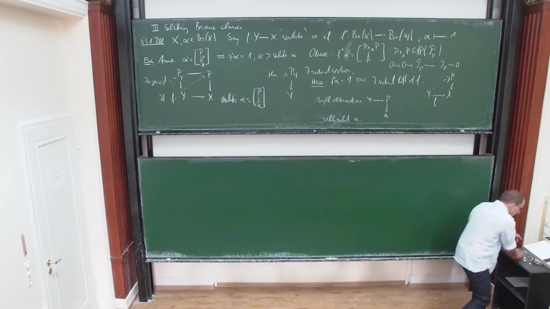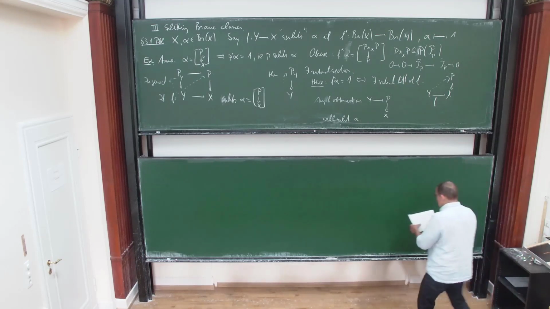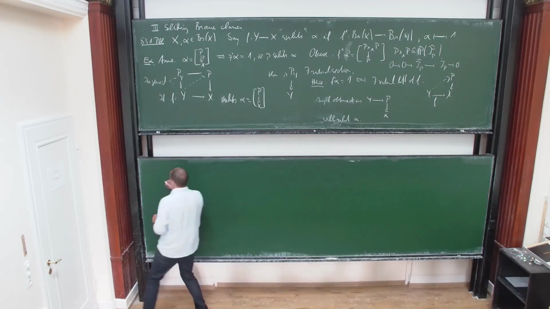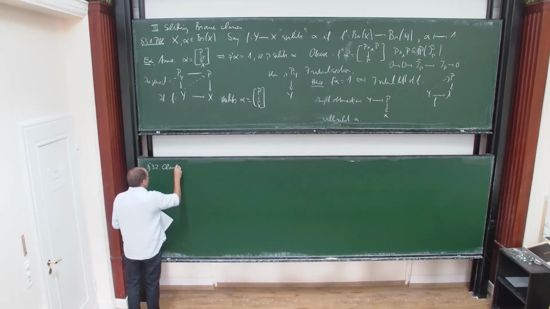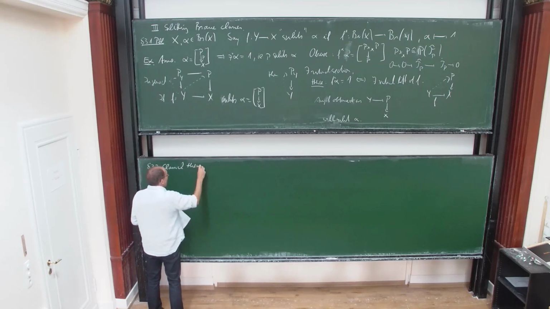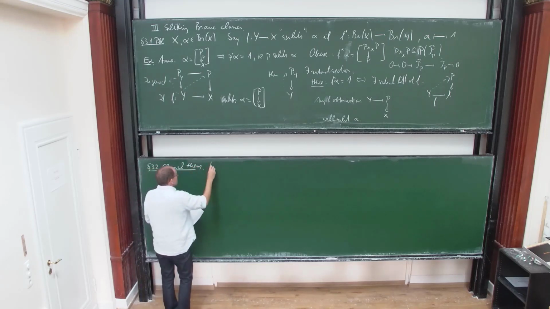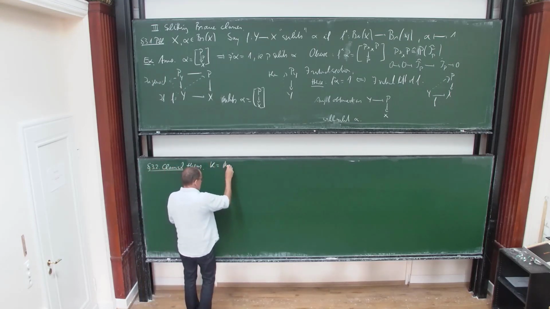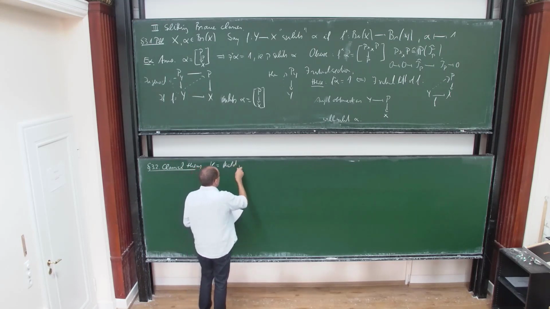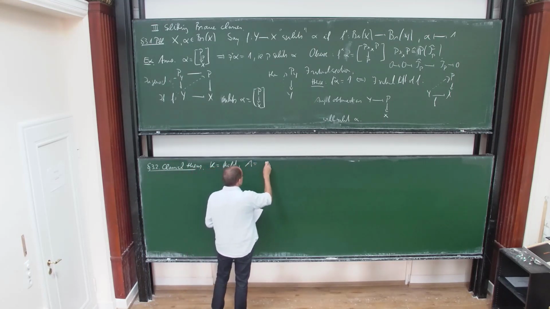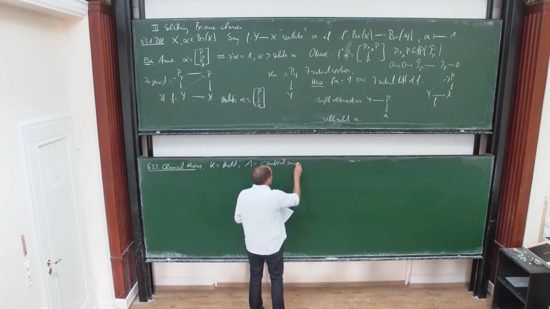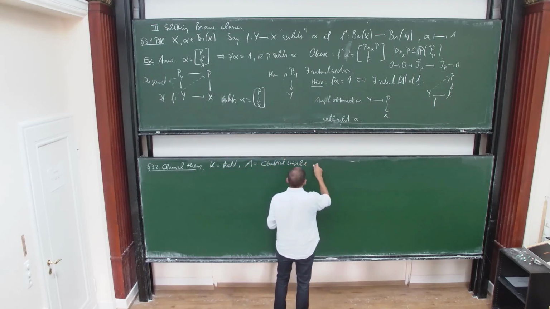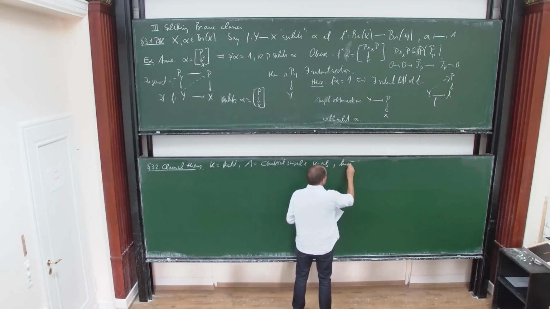So just really some basic things. So classical theory. We start with a field K, and we look at central simple K-algebras, always finite dimensional.